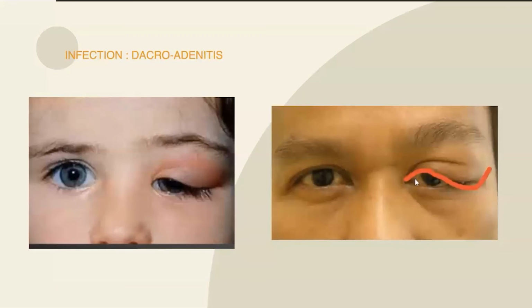This swelling will cause the eyelid to move down and have the specific S shape in this picture, as we can see on the right side. Thus, the displacement of the eyelid will cause the eyeball to move downward and inward, and it will be more painful in acute and painless in chronic. So remember that this S-shaped configuration is the cardinal sign of dacryoadenitis.